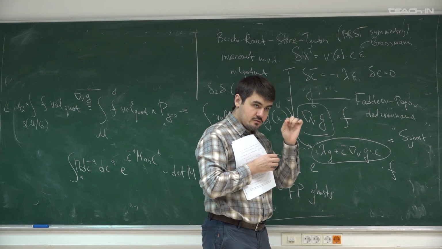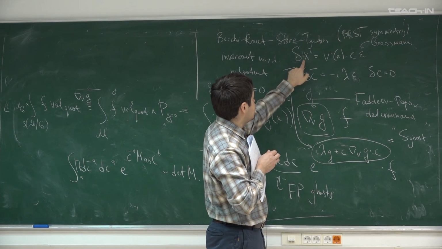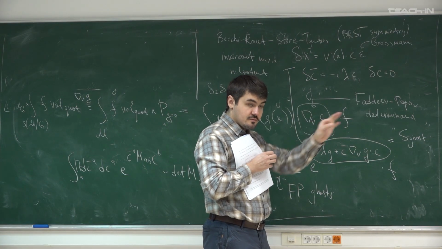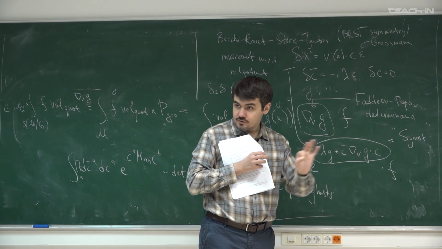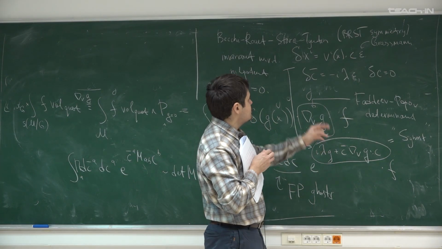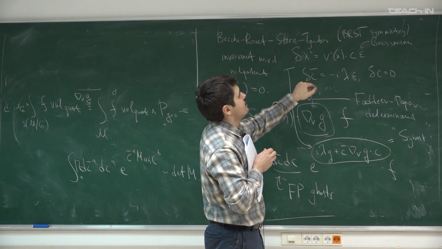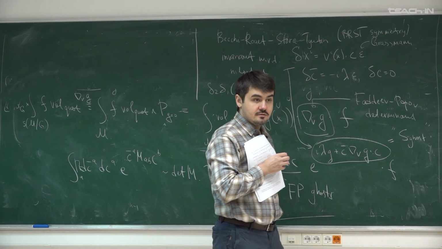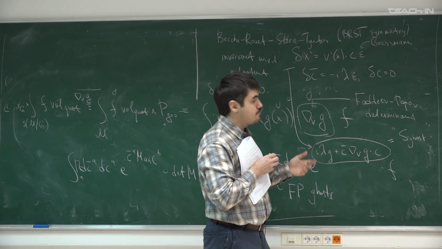So your point goes to X plus V times epsilon, the infinitesimal shift along the action of the group. The only difference is that now you replace the parameter of the shift by epsilon times C, where C is your ghost.